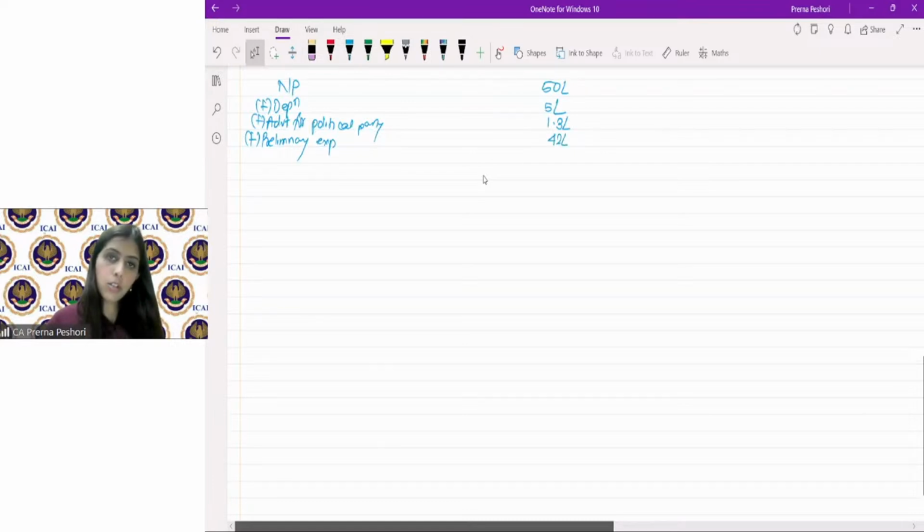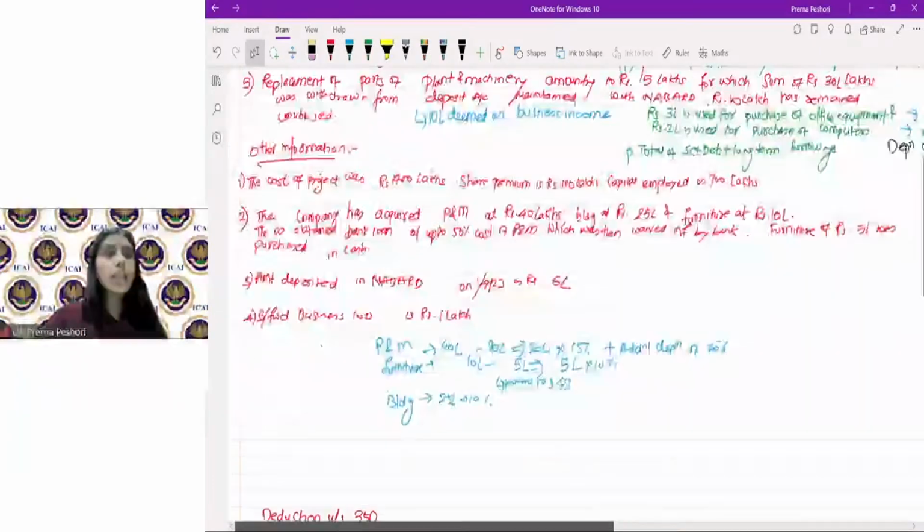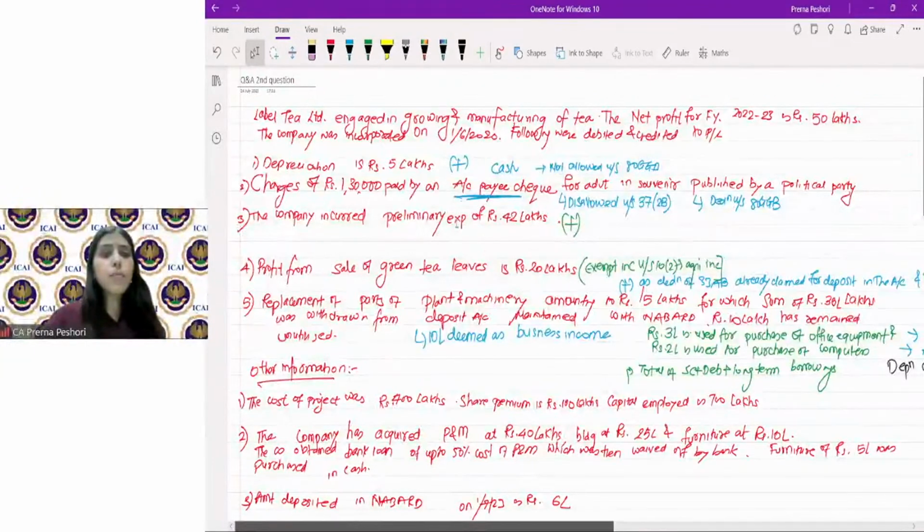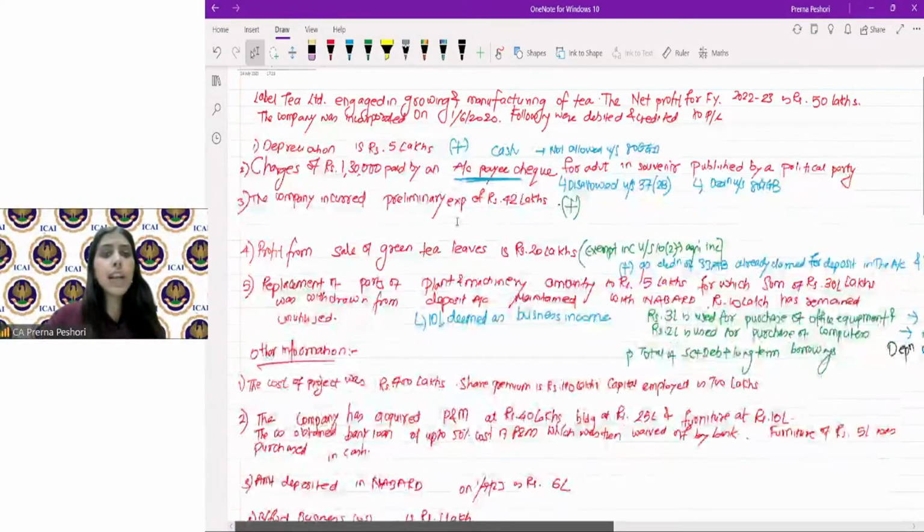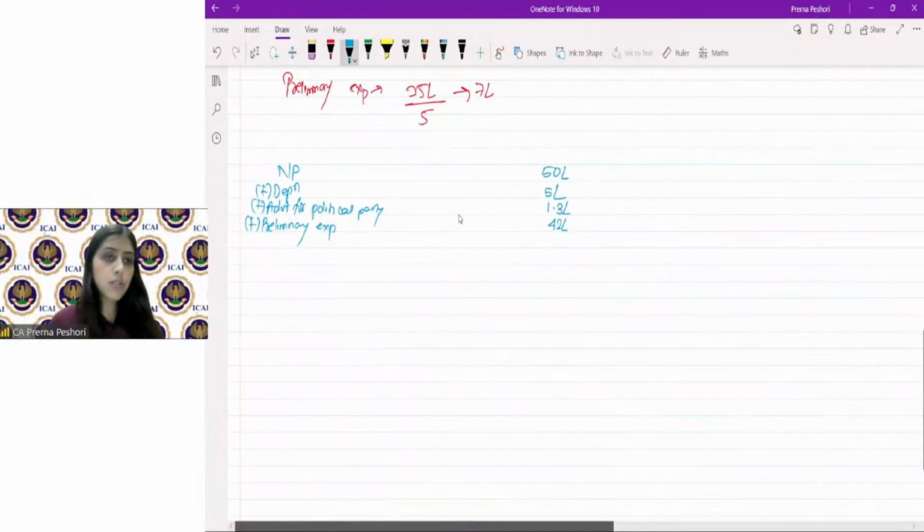Then we have the profit from sale of green tea leaves, 20 lakh, which I will reduce.